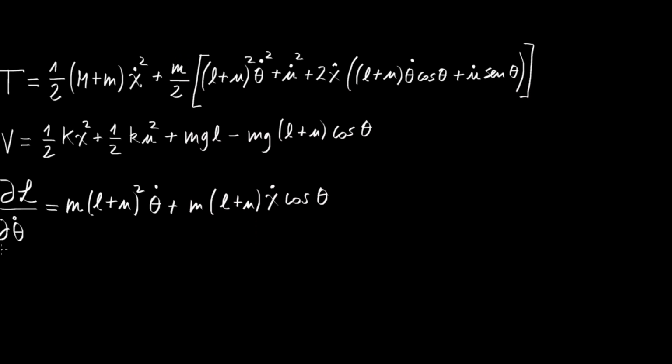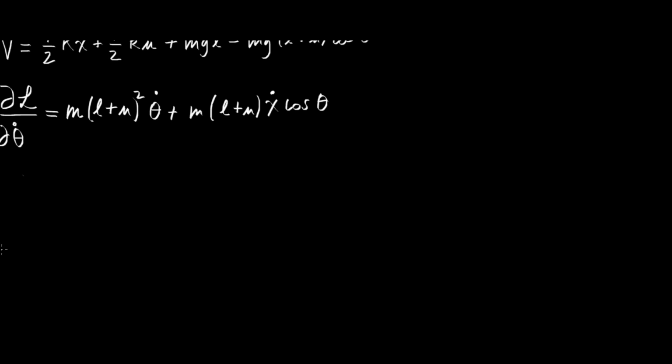Now we should calculate the total derivative with respect to time of this partial derivative of the Lagrangian with respect to theta dot. Let's begin with the first term. I will use the product rule. This will be my first term in light green, and in light blue I will use this other one.